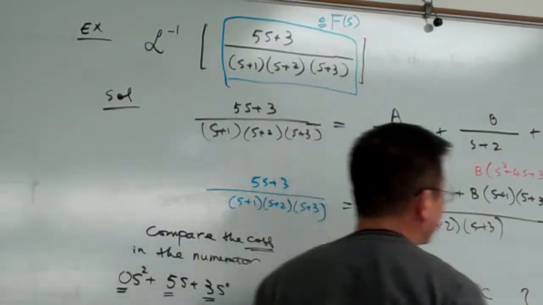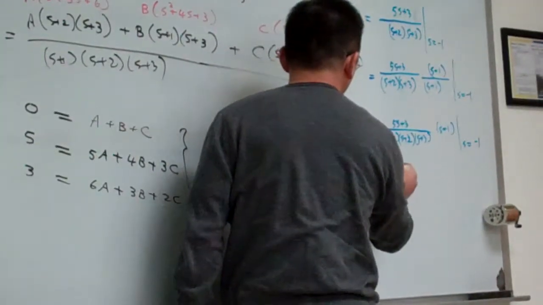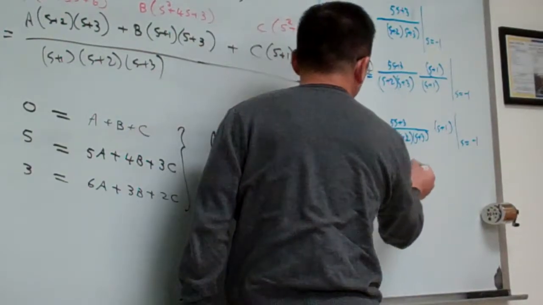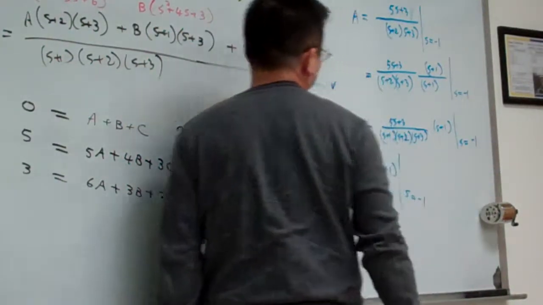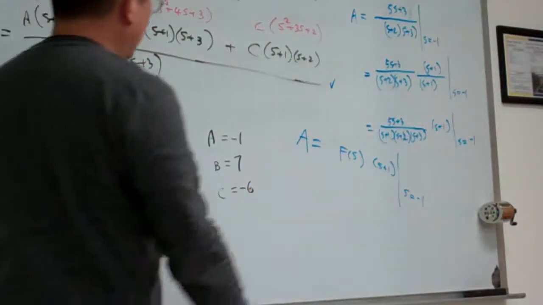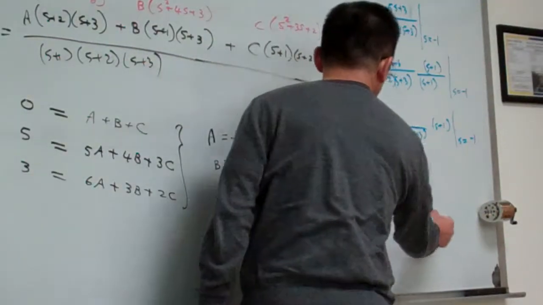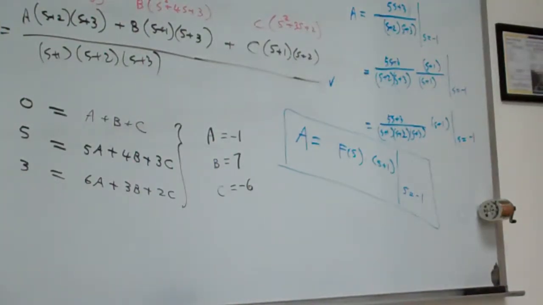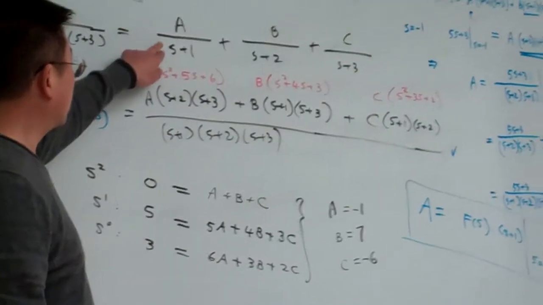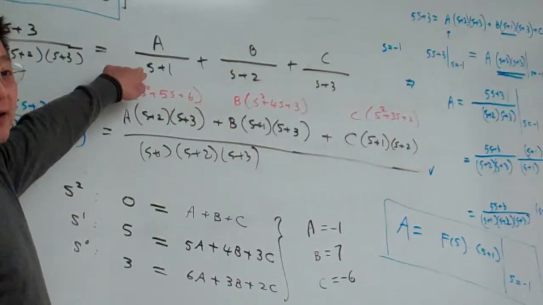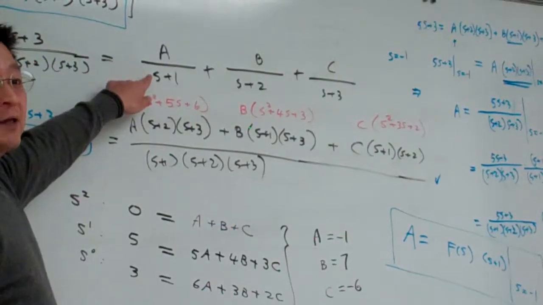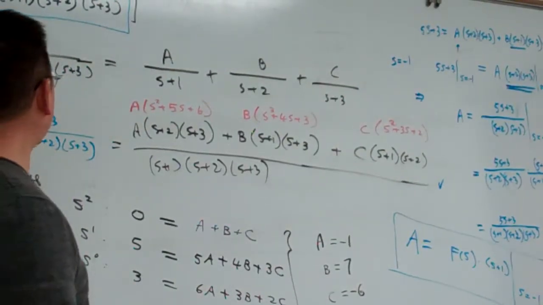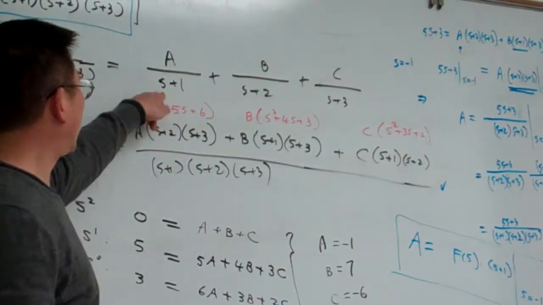Basically, A is simply equal to f of s multiplied by (s plus 1) when s equal to minus 1. So that is the useful information. A is associated with s plus 1, so to calculate A, you simply multiply both sides with s plus 1.